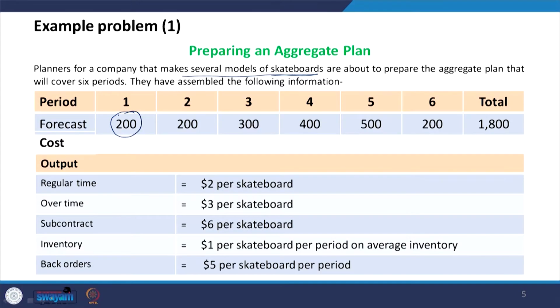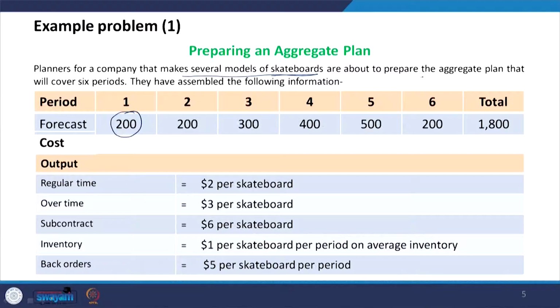There may be skateboards for small children, for the novice, for beginners, for experienced people. So, different types of skateboards are possible, but we have not considered the different varieties. We have combined all the varieties into the skateboard name only.